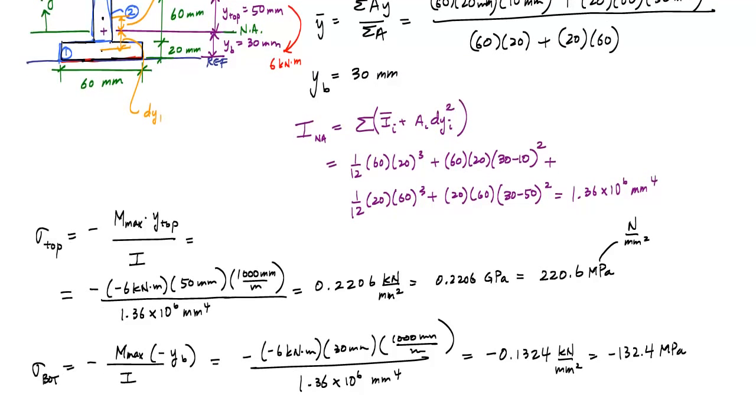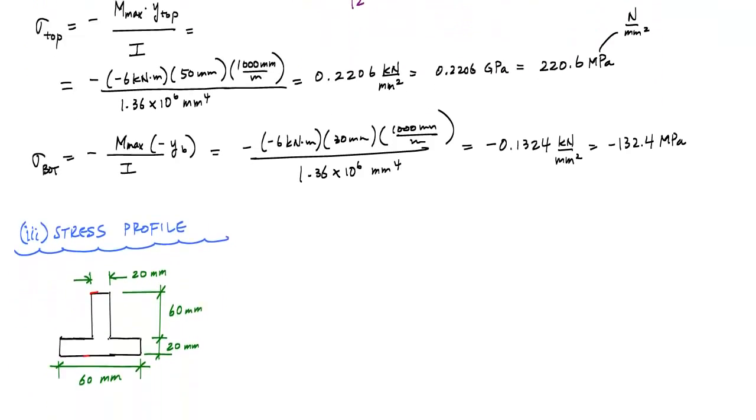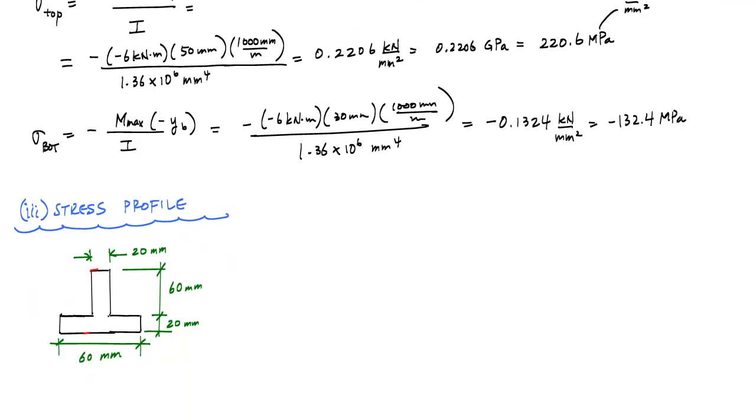Now we want to draw that stress profile, so here I've redrawn the section for you. The location to label is the neutral axis location, which is right about here. I'll draw a straight line, and this distance of 30 millimeters is the neutral axis location.